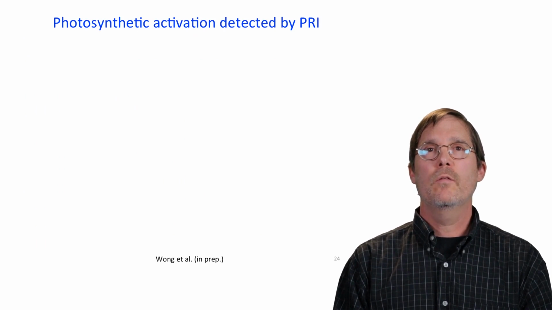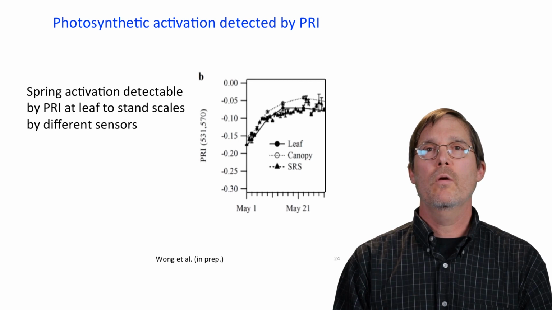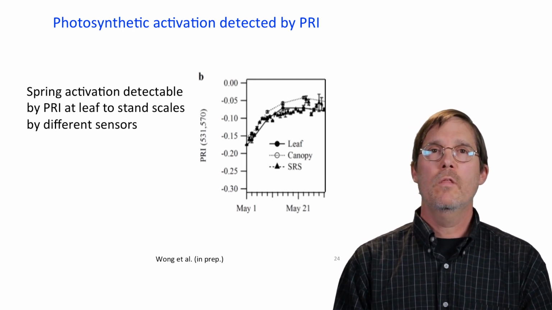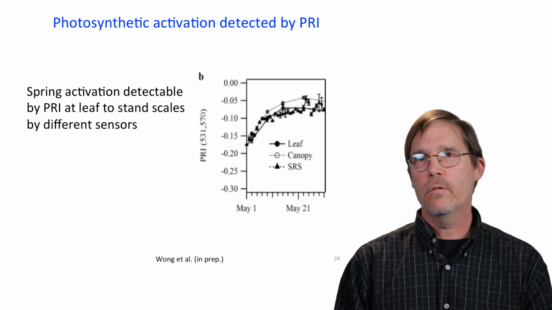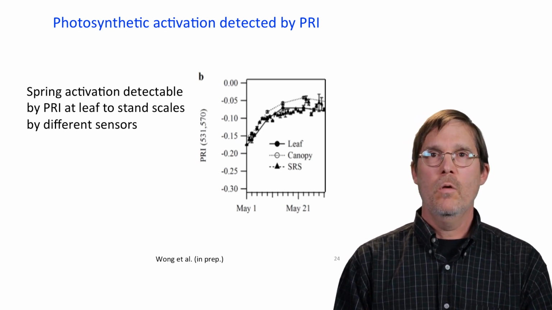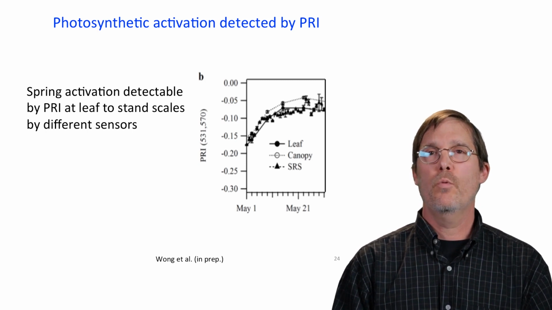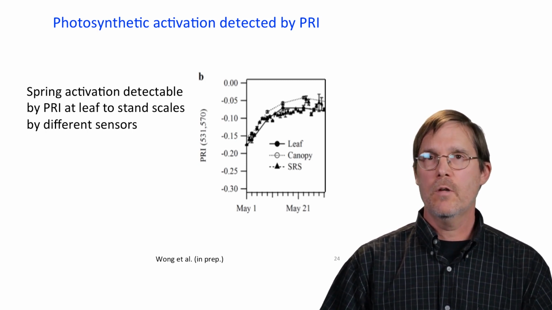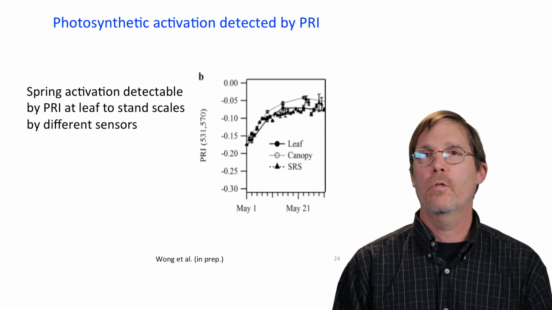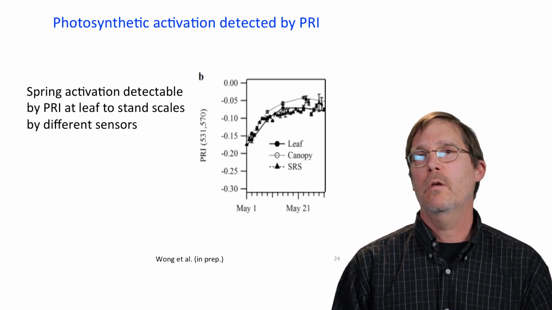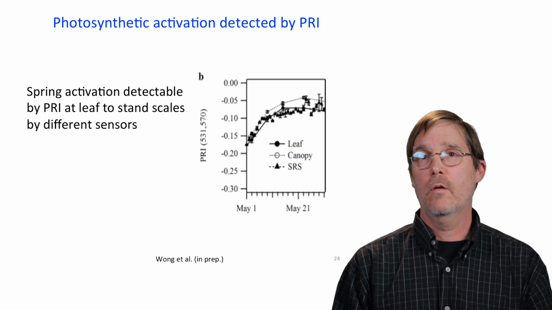And what we see is that in the spring, from winter to spring, we see a clear transition in PRI, and we can see this whether we're looking at the leaf scale or at the canopy scale, or whether we're using automated sensors like the SRS sensors. So regardless of what scale or what method we use, we see this spring activation of this change in pigment pools that happens to be correlated with the turning on of photosynthesis in the spring. So in these seasonal studies, what we're learning is that PRI is a pretty good indicator of seasonal changes of photosynthetic activity in evergreens.